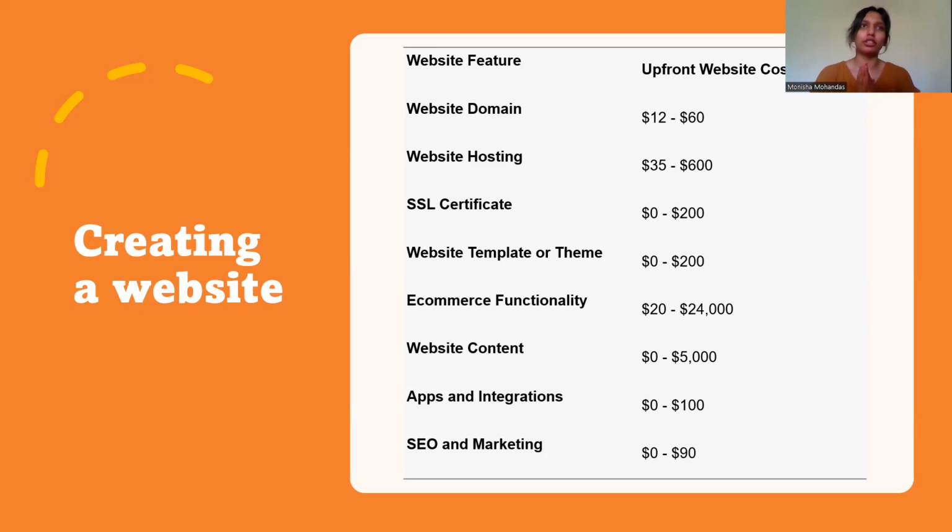But if you want to sell products on your website, it's called e-commerce functionality. And there's also website content. Again, if you want to add anything, then it can cost more. If you're not adding anything, then it's $0, of course. And if you want app versions of the website, then it's also going to cost you some extra money. And even for marketing and SEO, it'll cost you more money.